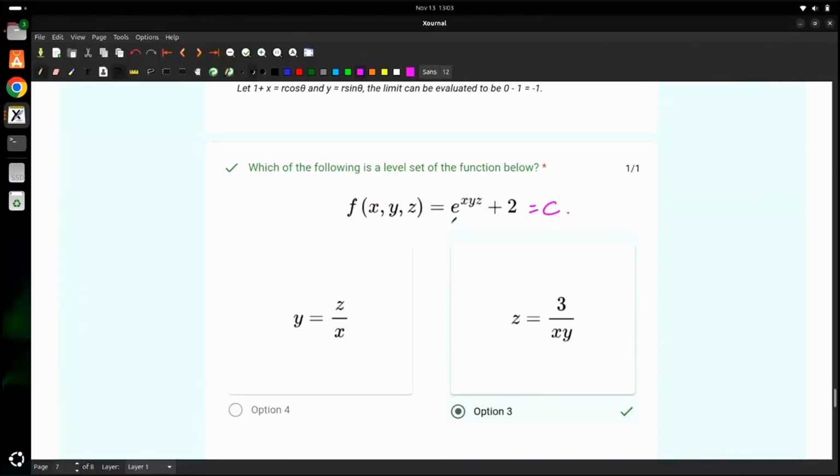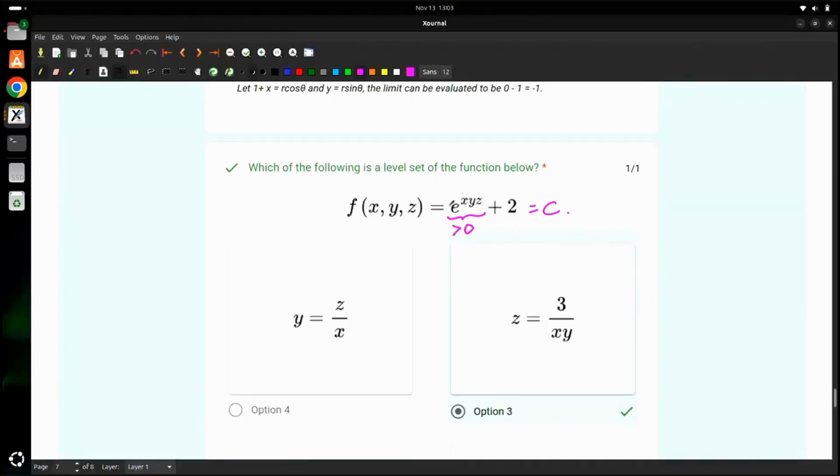Look at this exponential function: it will never be 0, it will be approaching 0, and as x, y, z goes very big positive, it will go to infinity. So this guy will be more than 0.